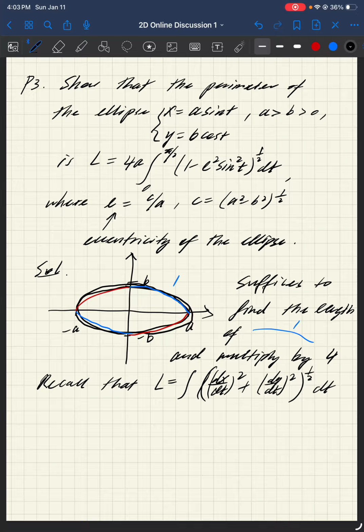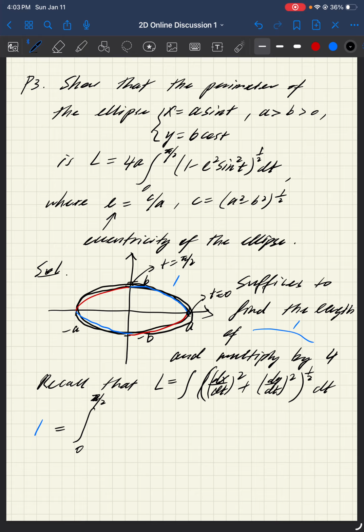So applied to our scenario, we have the blue part 1 equal to the integral from 0 to pi over 2, because at this point I'm at t equals 0, and at this point I'm at t equals pi over 2. So these are the bounds of my integration.